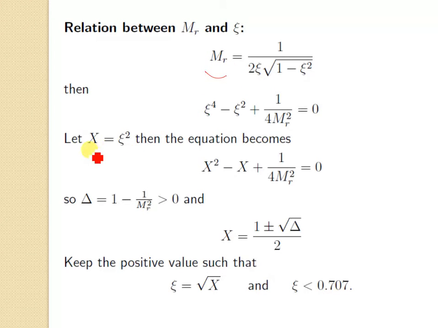If you make x equal to sigma squared, then x squared minus x plus the reciprocal of the magnitude of resonance squared equals 0, and you can find the delta. Then take the root, sigma equals radical x, and sigma should be less than 0.07.